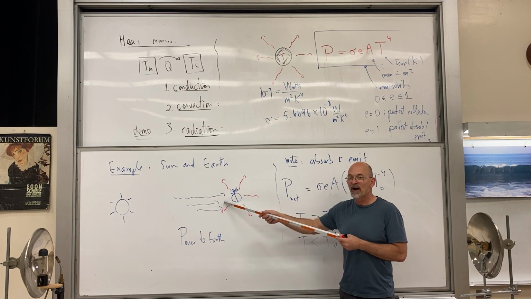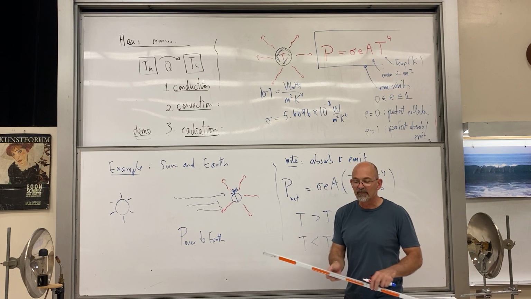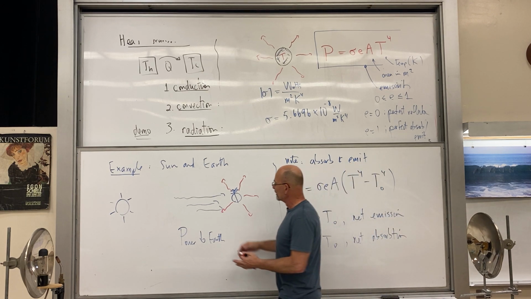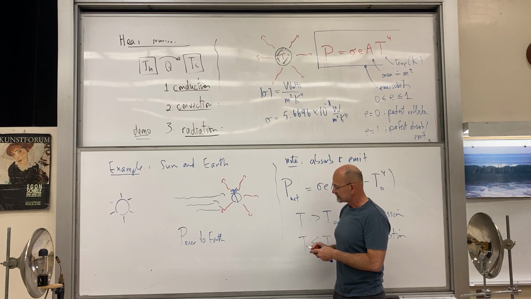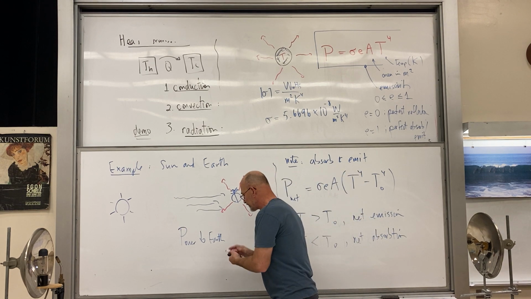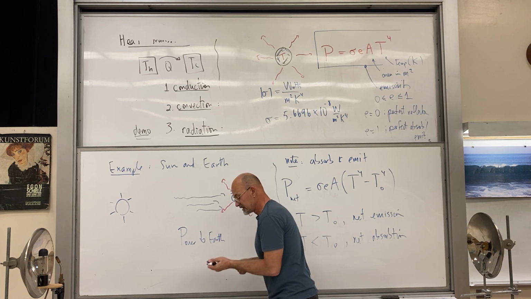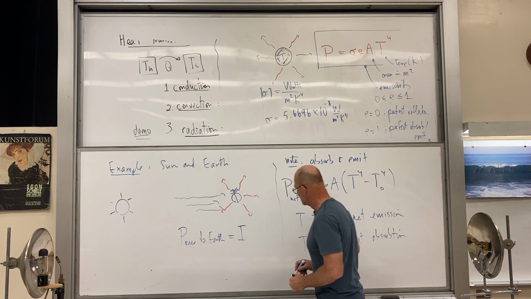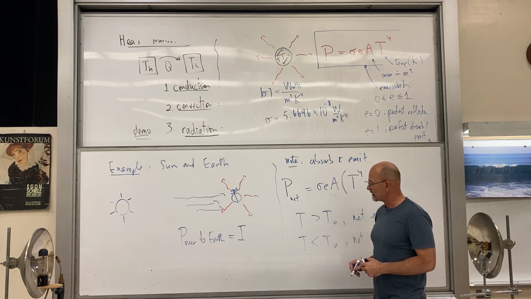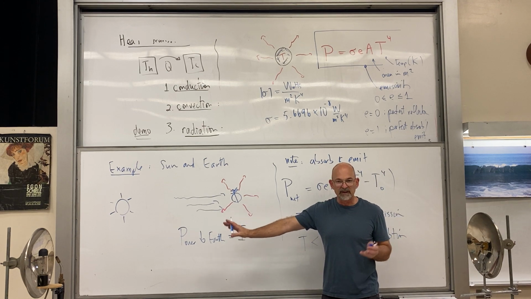So the question is, how much power does the Earth receive from the sun? Receives it, radiates it away. It's equal to, so the power here is equal to, it's called an intensity, and I was using the letter I for power in a different context.